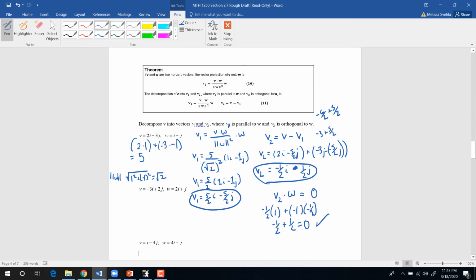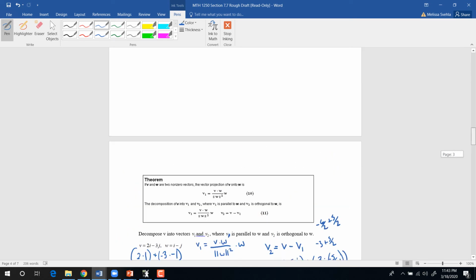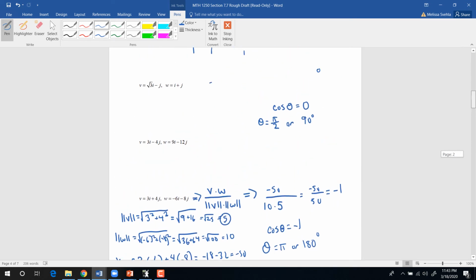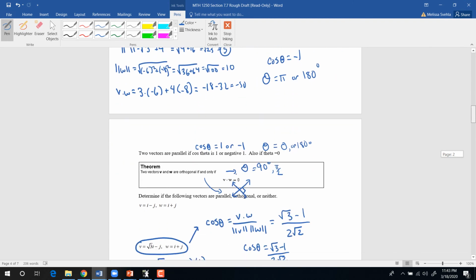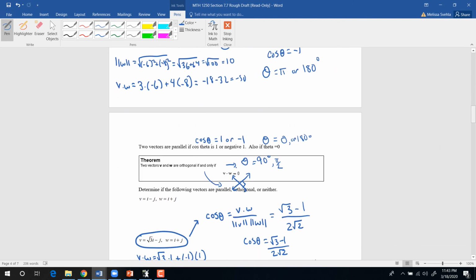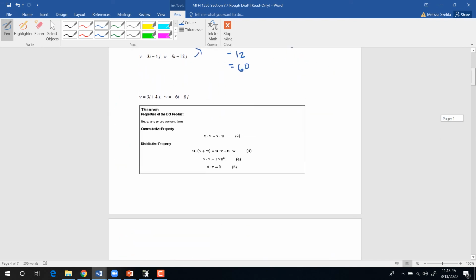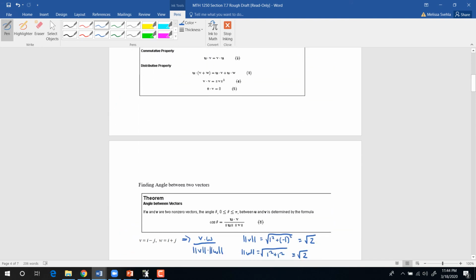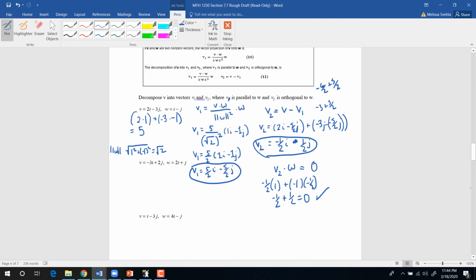And then if they're parallel, we want to show, if you guys remember back up here, that cosine of theta is equal to 1. So if I do the angle between two vectors, I can do cosine theta of v1 dot w all over my magnitude.